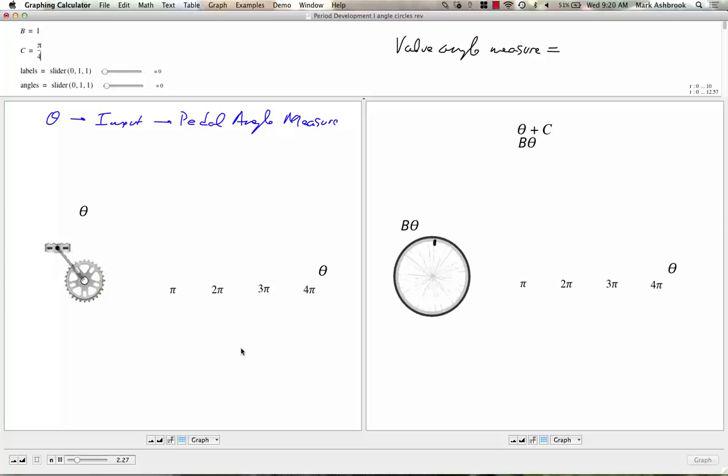So from the beginning again. It starts in the 4th quadrant, pi over 4 behind. And then as the pedal angle sweeps counterclockwise, so does the valve. But the valve is always lagging behind by pi over 4. So everyone write an expression for the valve angle measure in terms of theta, the pedal angle measure. How would you calculate what the valve angle measure is given the pedal angle measure?